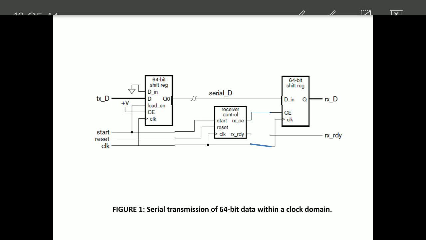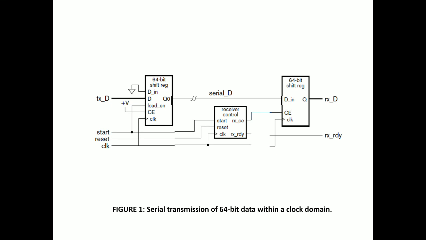I will show again: the clock signal for the transmission end is the same as for the receiving end. You can see a line connecting the same clock signal. We'll also get a receiver ready signal, which acknowledges that the data has been received successfully.